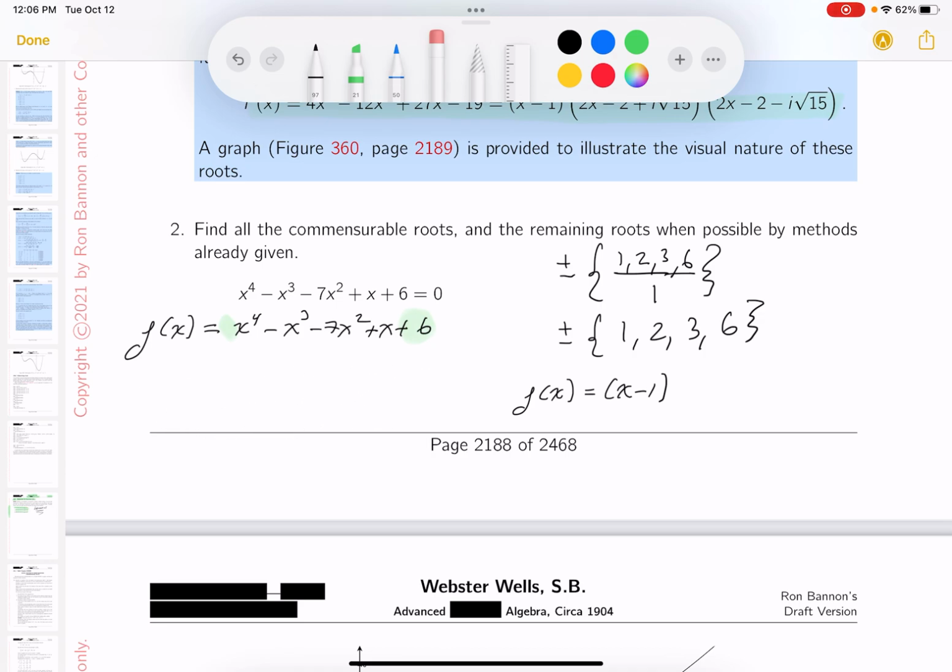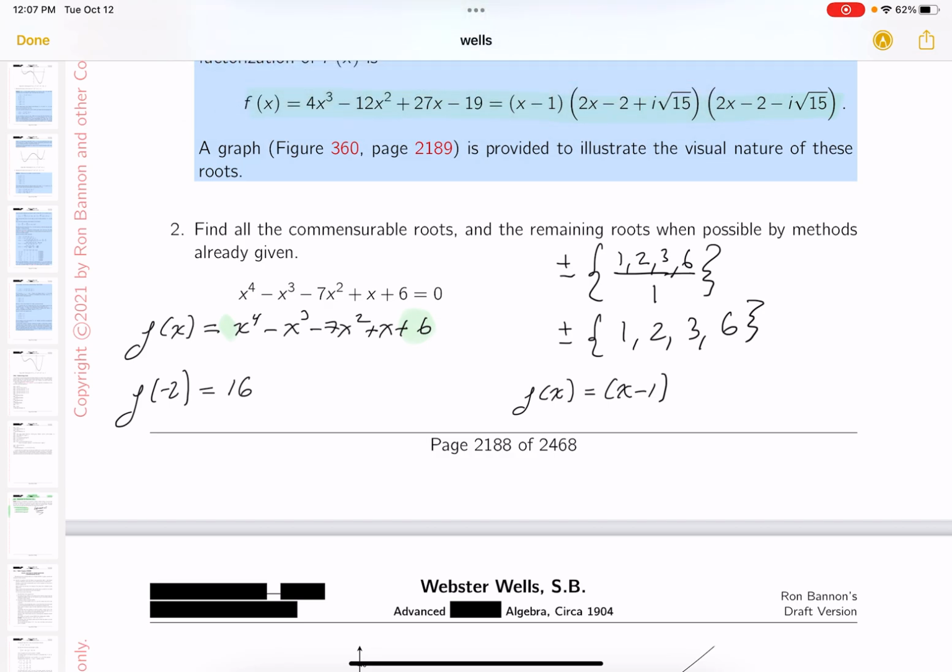Let me go to minus 2 now. And again, this is trial and error. What do you get over there? Let's see, 16 plus 8. Let's see, minus 28. Minus 2 plus 6.